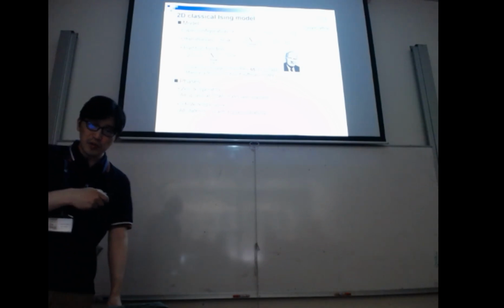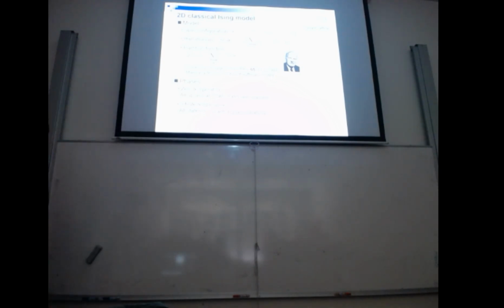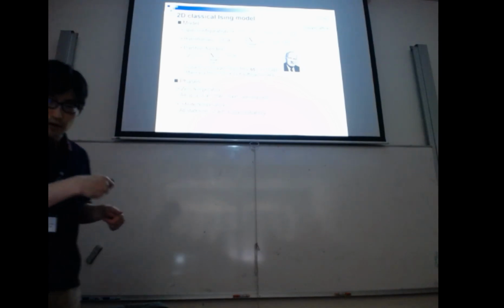So solving the model is rather involved, but the physics of the classical Ising model is rather simple, and you can just consider two extreme limits. So at zero temperature, which corresponds to beta equals infinity, you only have ground states, and the ground states here are all up states or all down states, so they appear with the same probability 1/2.